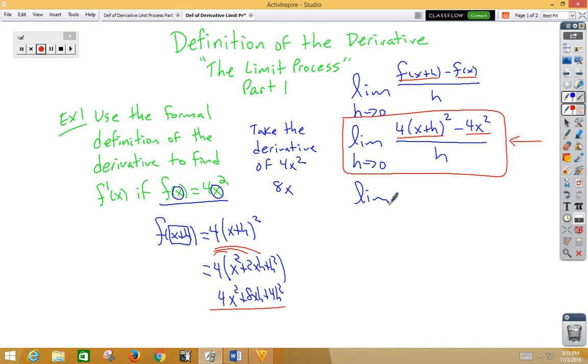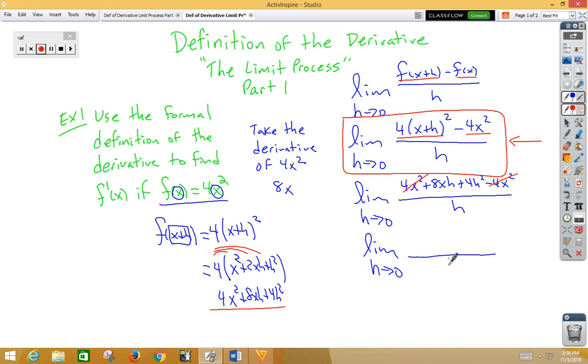I've got the limit as h approaches 0 of 4x squared plus 8xh plus 4h squared minus 4x squared all over h. Well, if I combine like terms on the top, my 4x squareds cancel. I now have the limit as h approaches 0.